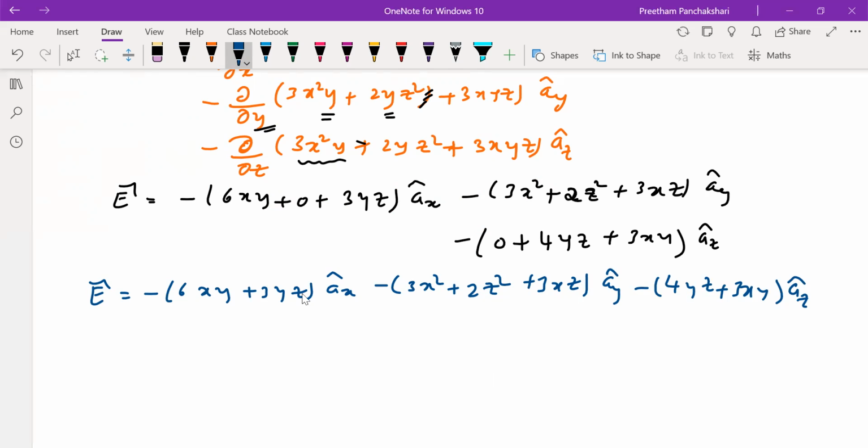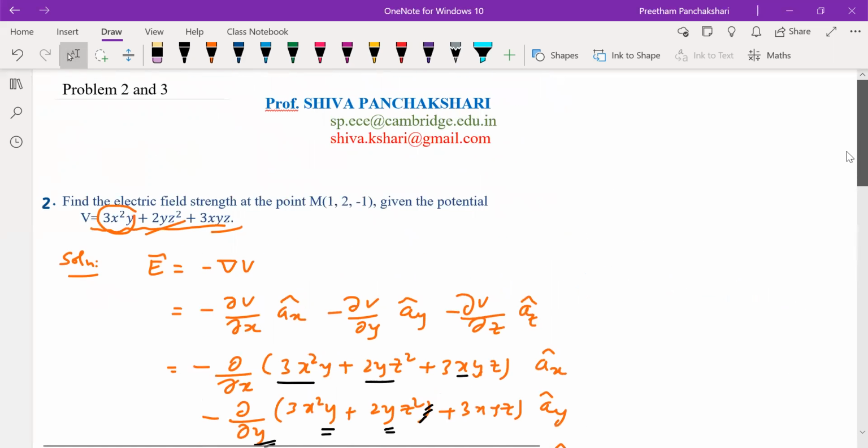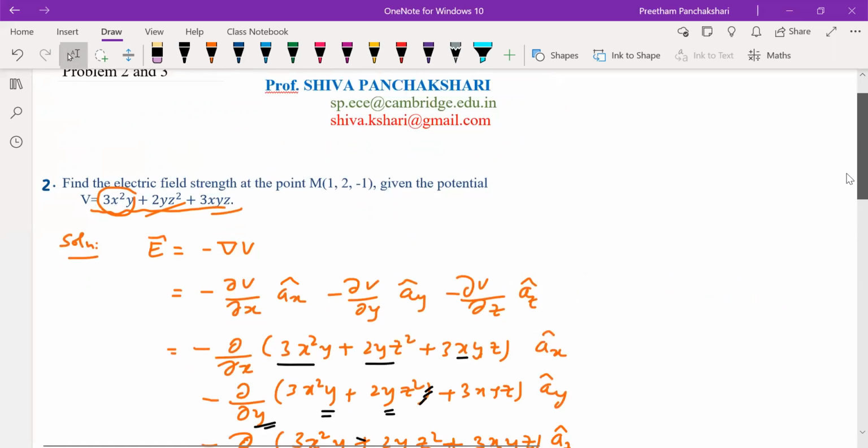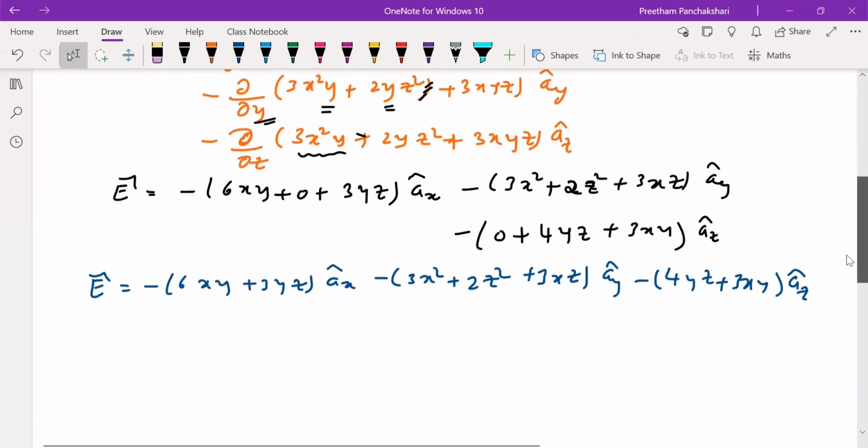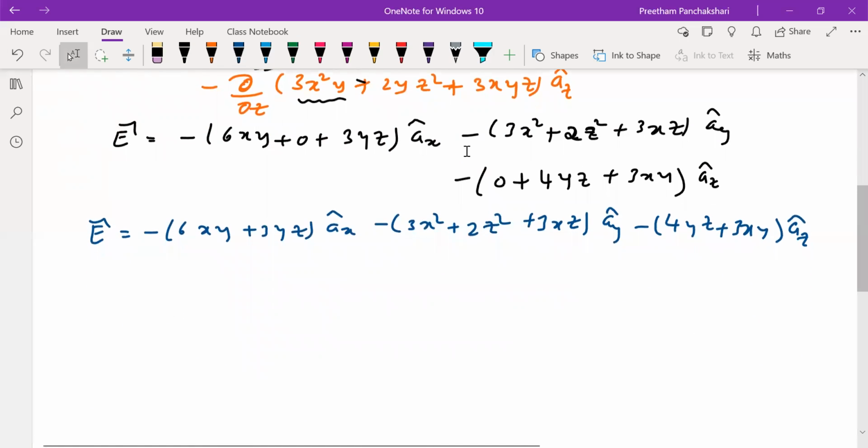Now the question is to find electric field intensity at the point specified. So let me copy the point. It is 1, 2, minus 1.